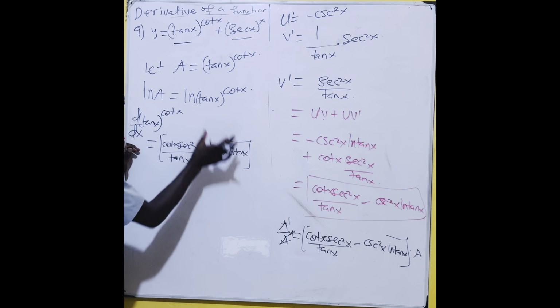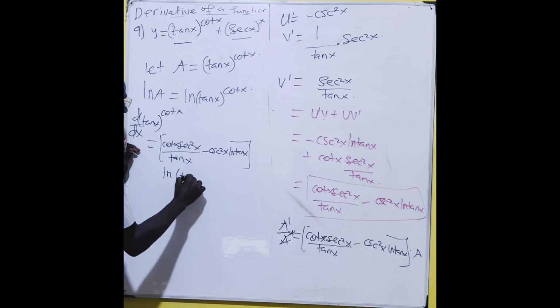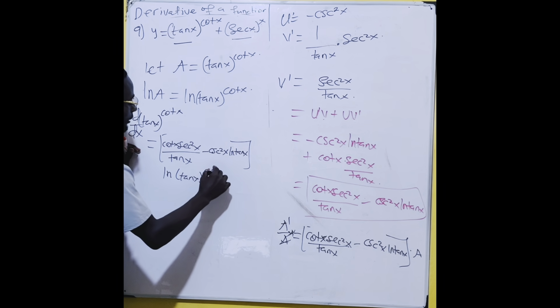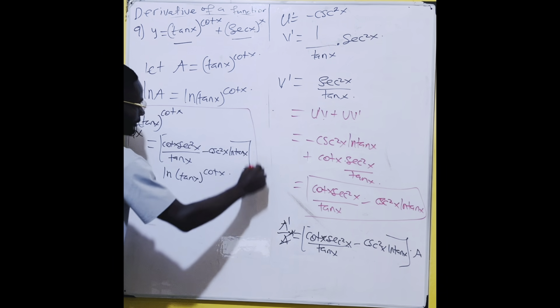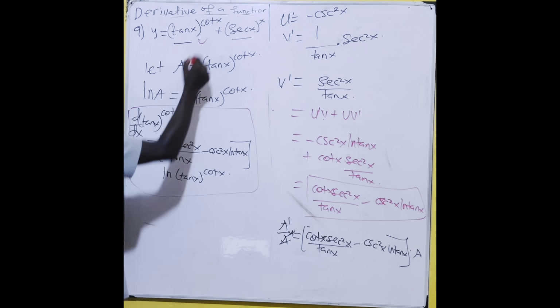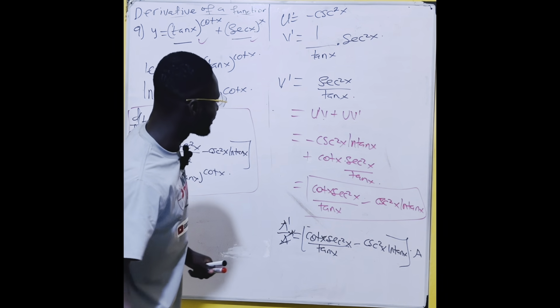All multiplied by the a, which is tan x to the power cot x, right? So we have the first part done. So we come to the second part, right?